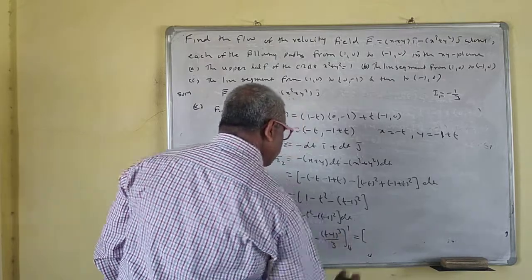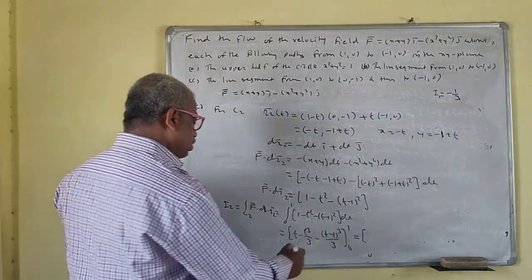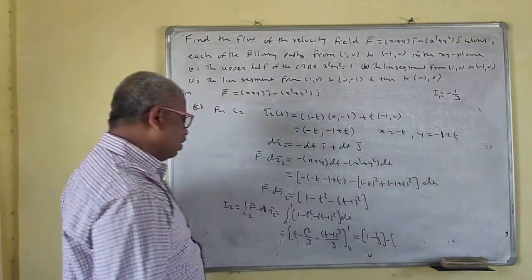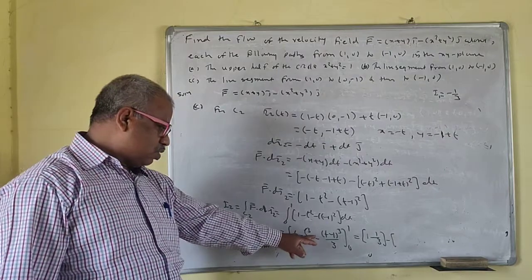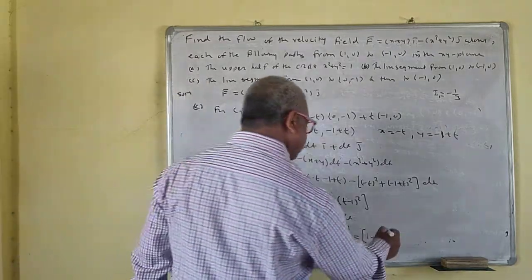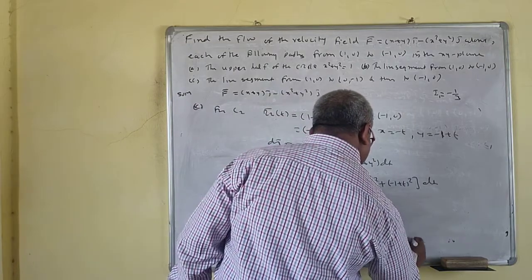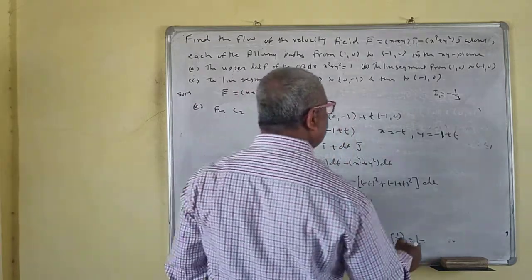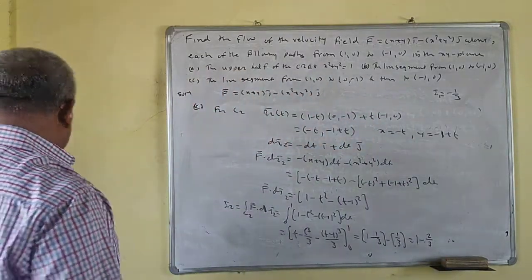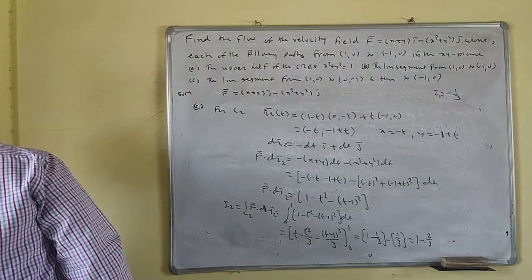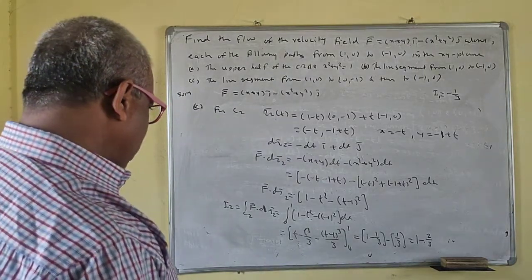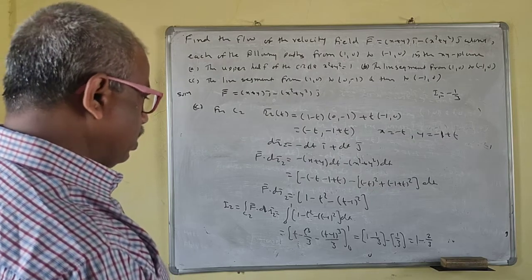First we put 1: 1 minus 1 by 3. Then we put t equal to 0: this is 0, and minus 1 cube is 1, so this is 1 by 3. So I2 is 1 minus 2 by 3.